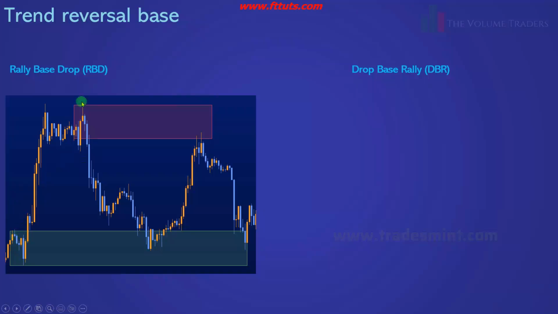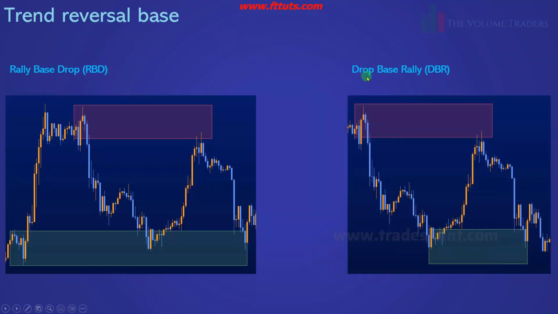It means the shortcut is RBD. So we had the rally, price created the base, so the zone, and then was a drop. And for short, it is drop base rally, so DBR.